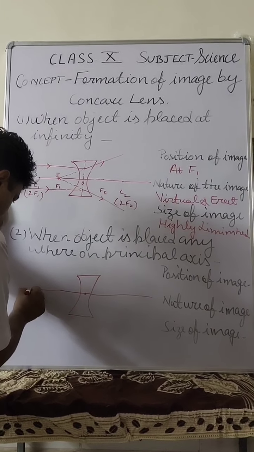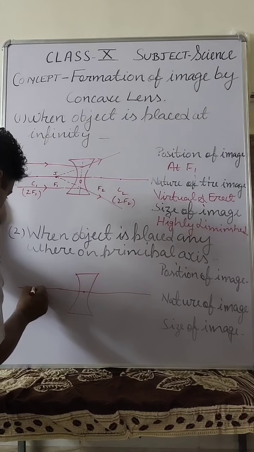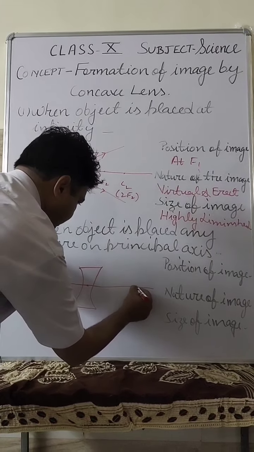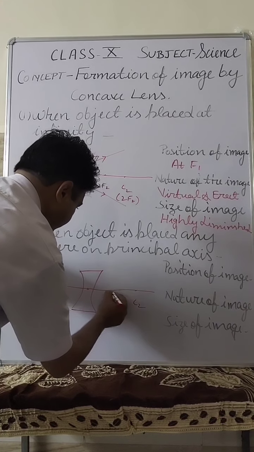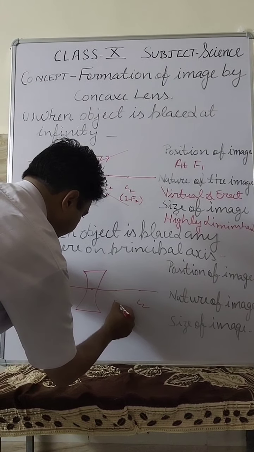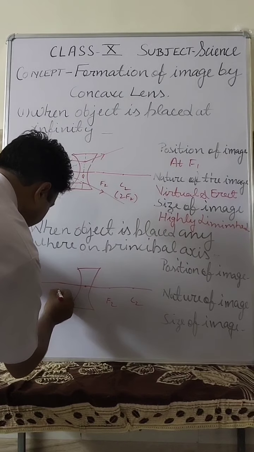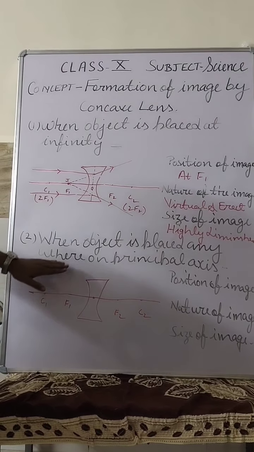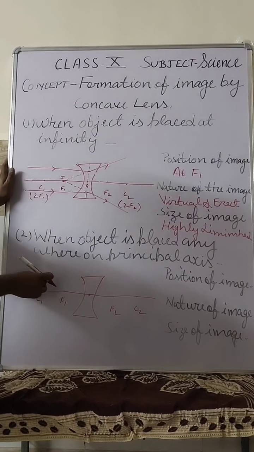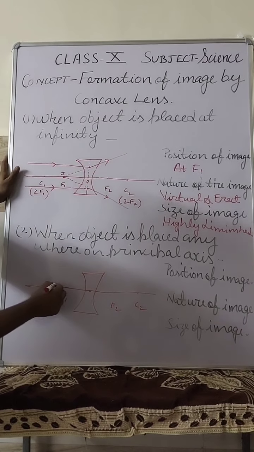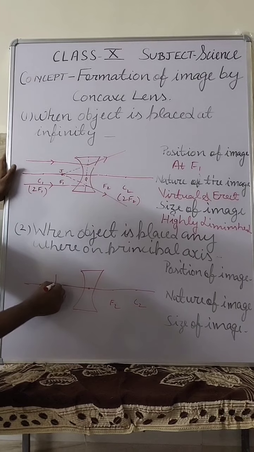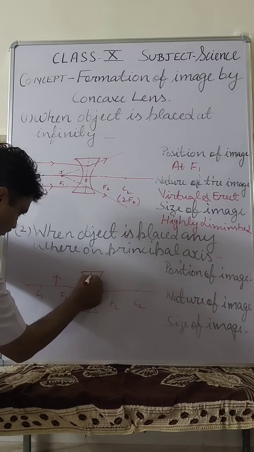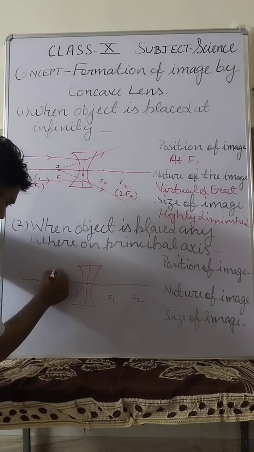Now you indicate the C1. It is C2. It is F2. It is F1. Now you can put the object anywhere on the principal axis. Here we will put the object. Now it is the aperture.